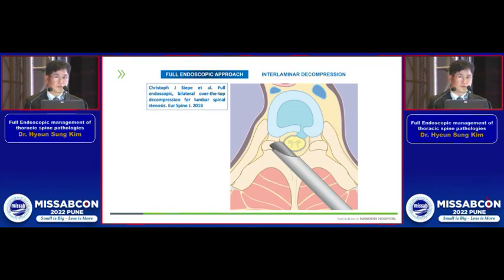To perform these procedures, some over-the-top procedures are needed. This was already published by Dr. Siepe. Please check these over-the-top procedures. This is a very important key to the decompression of thoracic pathology.